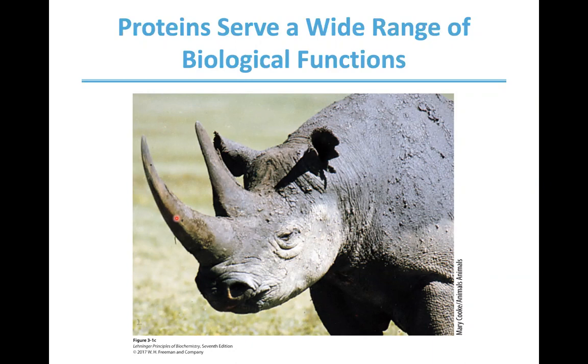And so, for example, there's the black rhino. Part of the reason why it's getting extinct is that there is a belief among many people who buy these horns from the poachers that these horns have aphrodisiac properties.